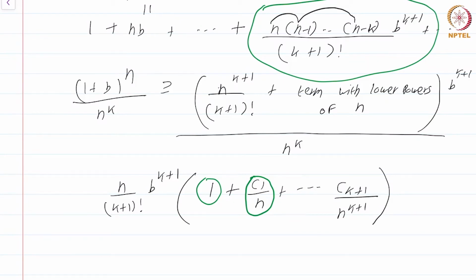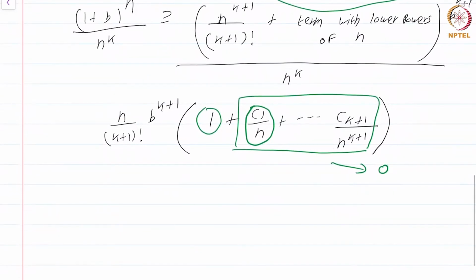Well, I did this because now, irrespective of what the coefficients c1 to c k plus 1 are, all these terms converge to 0. So I am just left with n by k plus 1 factorial times b power k plus 1, and this clearly diverges to plus infinity.